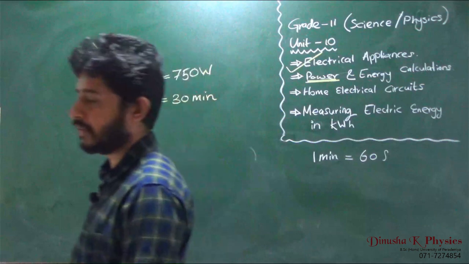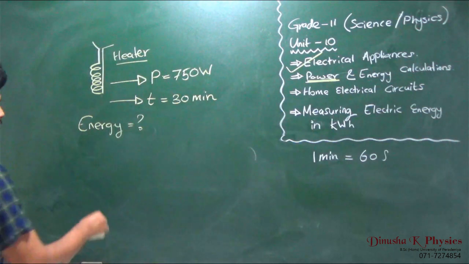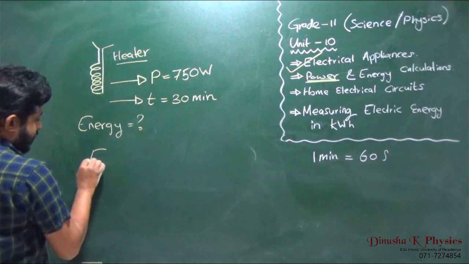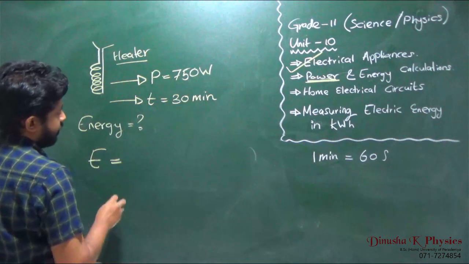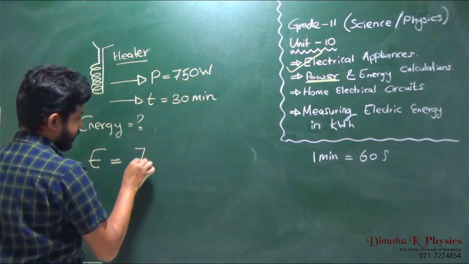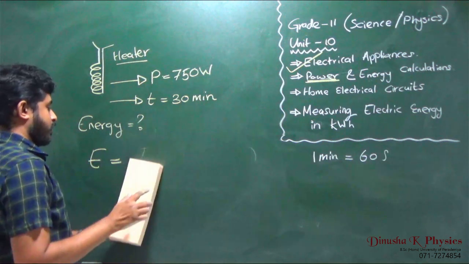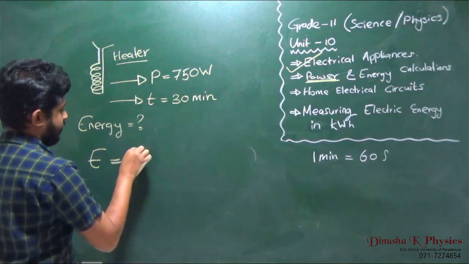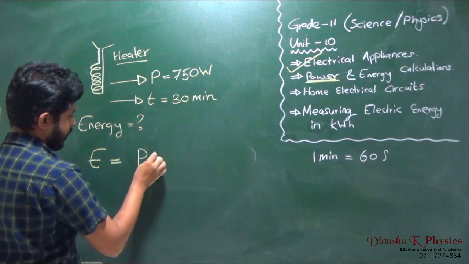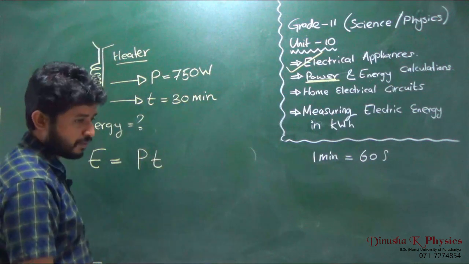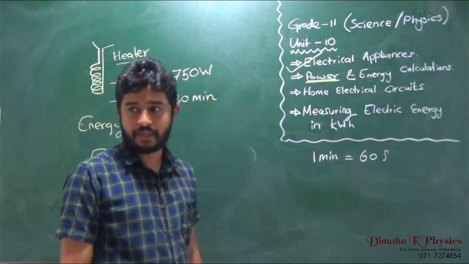Right, so energy can be found by the product of power, that means 750. I will write down the formula first. So when you are actually doing a question in your paper also, write down the formula first.